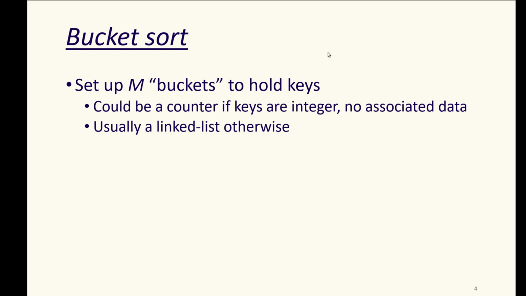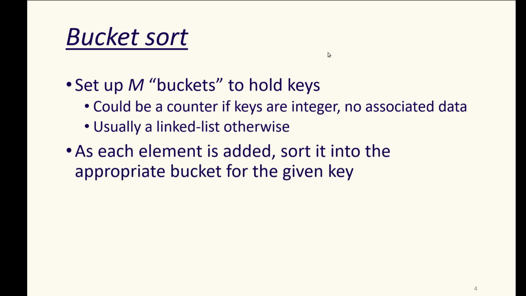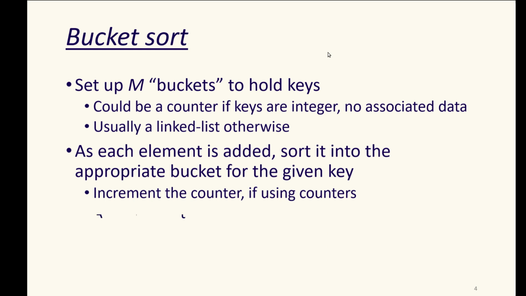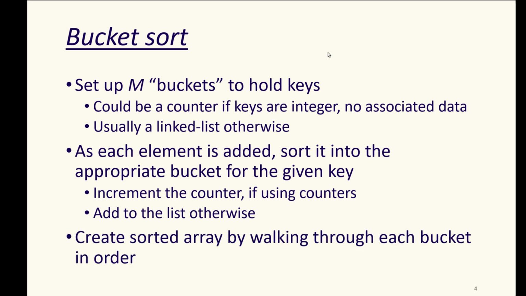Otherwise, you might need to use something like a linked list to actually store both the key and its associated value. When each element gets added, you sort it into the appropriate bucket for that given key. You increment the counter if you're using counters, and add it to the list if it's something more complex than just a simple integer. And then you create a sorted array by walking through each of the buckets in order.